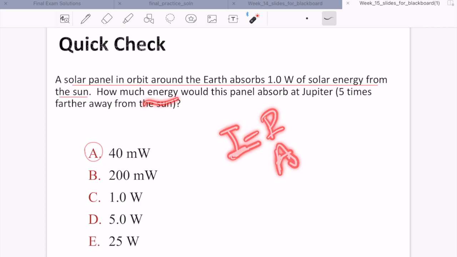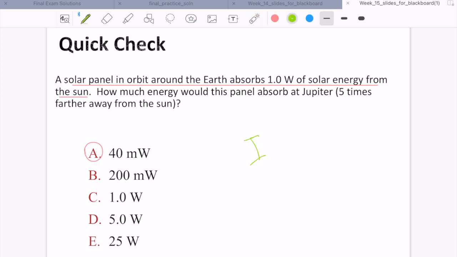But they're asking about the energy, so you can't just say it's 5 times the distance away, so it's 25 times the area, so 25 times the intensity, then 25 times the power. You can't just say that it's 25 watts.